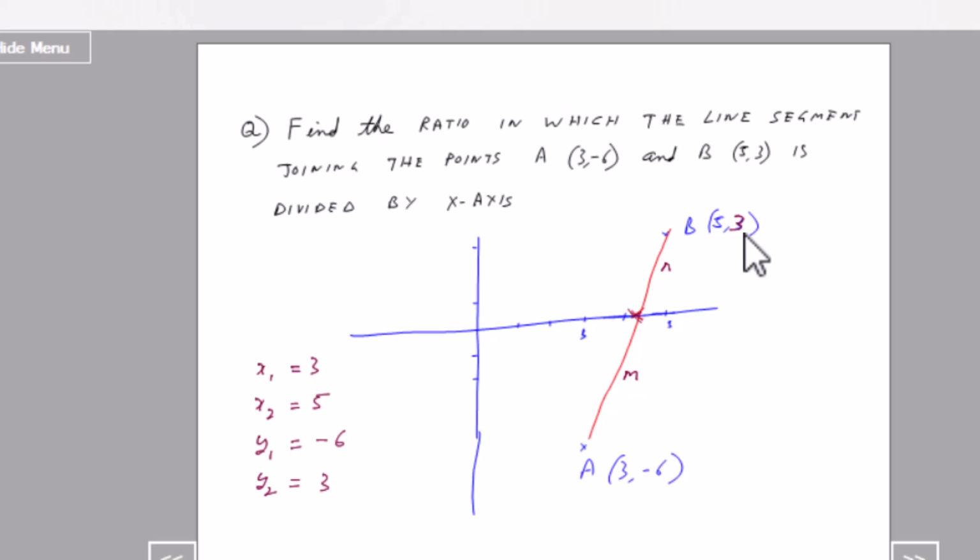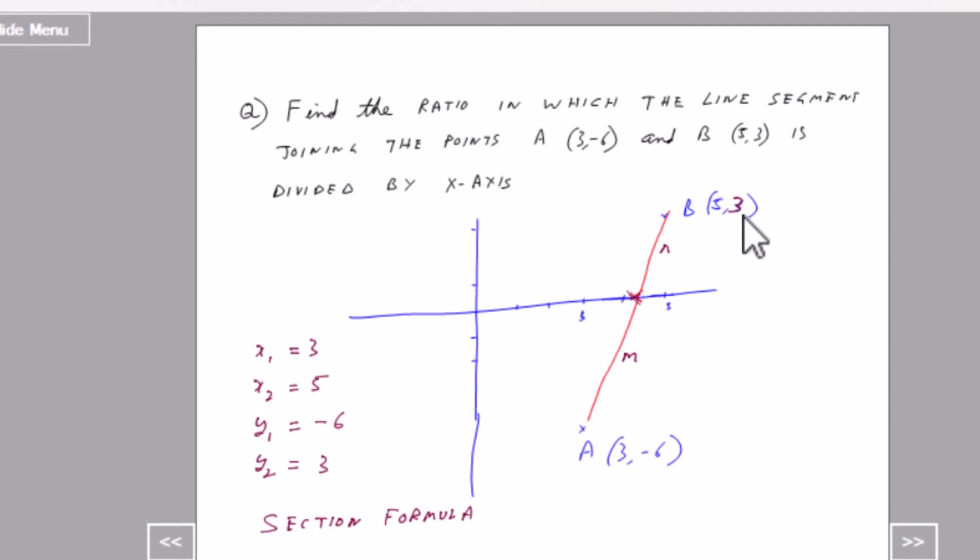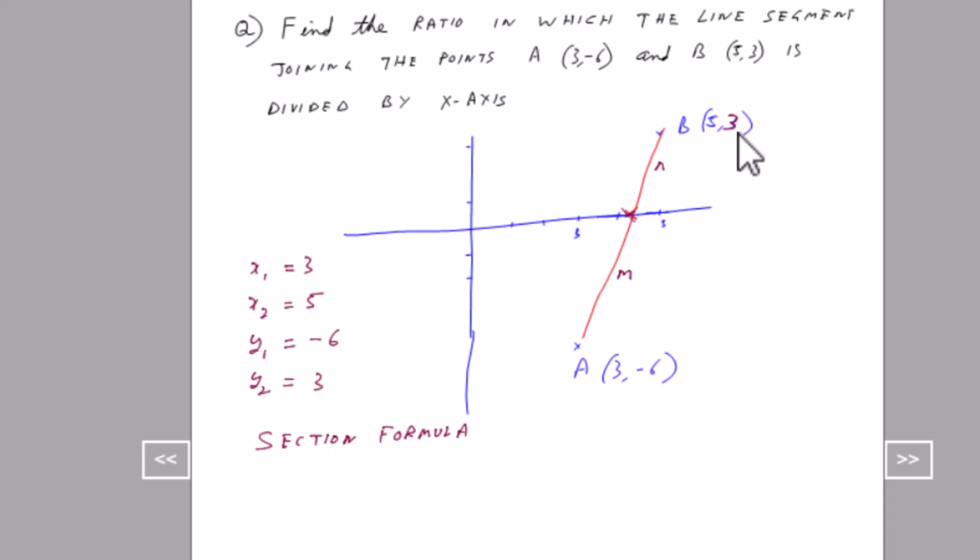So using the section formula, now this point is on the x-axis, right? So let's say the x coordinate is x, and what will be the y coordinate? It will be 0, right? In this entire line, the y coordinate will be 0.